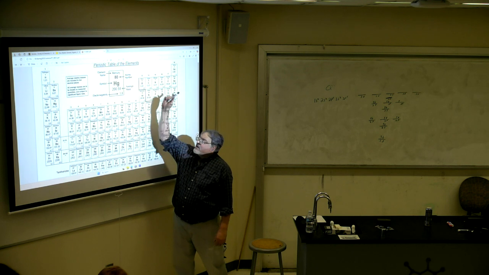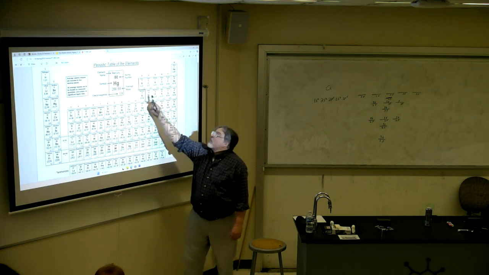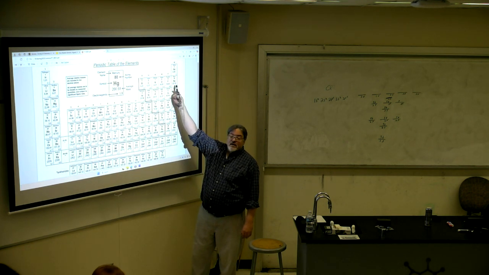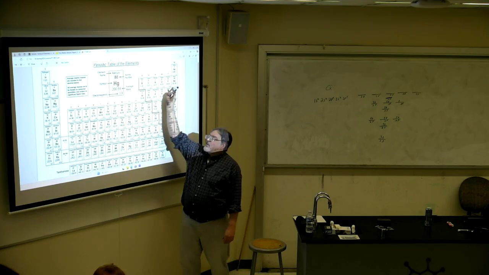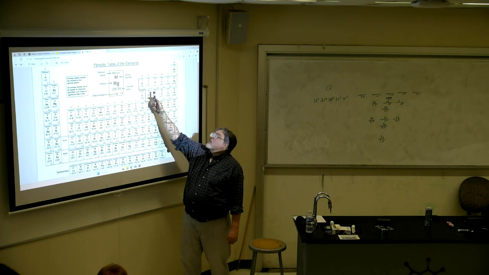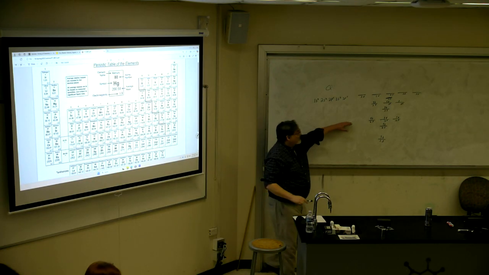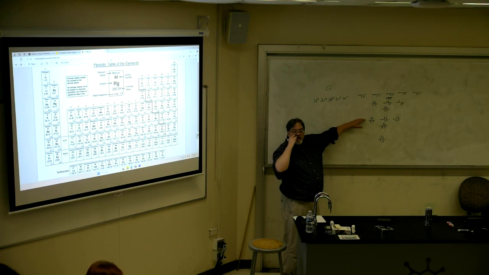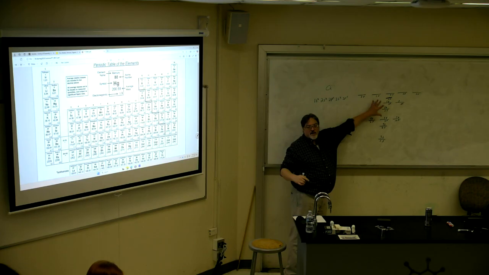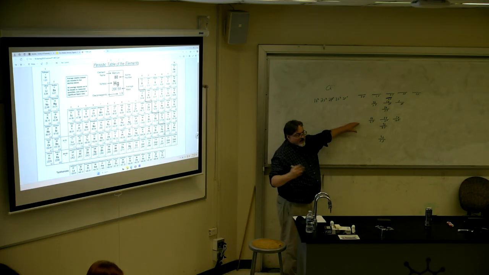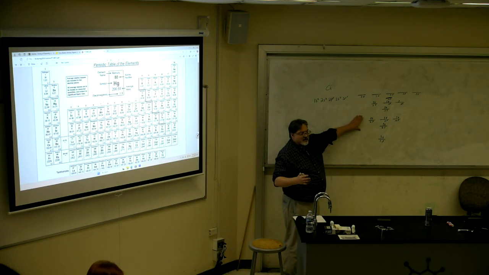And period 2, so not hydrogen and helium, but one down all the way across to here, that's neon. You have the 1s, the 2s, the 2p full, and if we stopped there, this is where we would be. That's the electron configuration of neon, if those weren't up there.